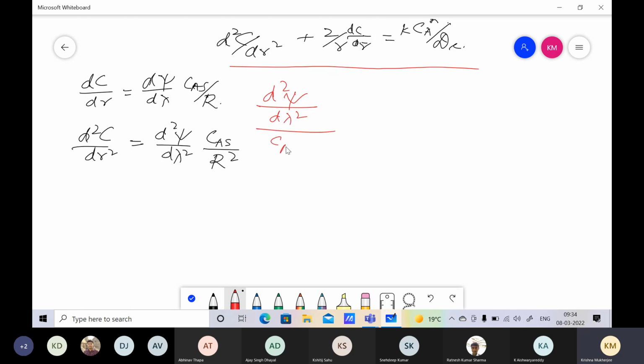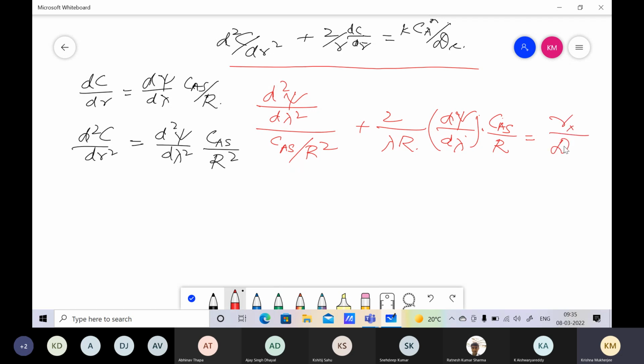Upon Cas by r square, okay, plus 2 by r d lambda, d phi by d lambda into Cas by r is equal to rx by de. Okay? All of you okay with this?